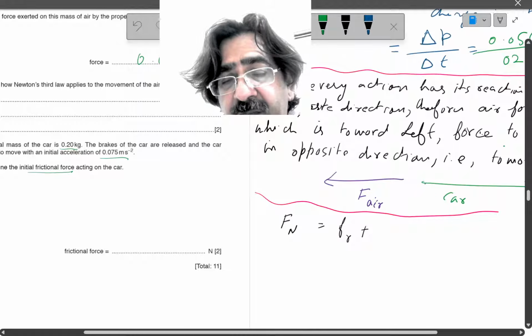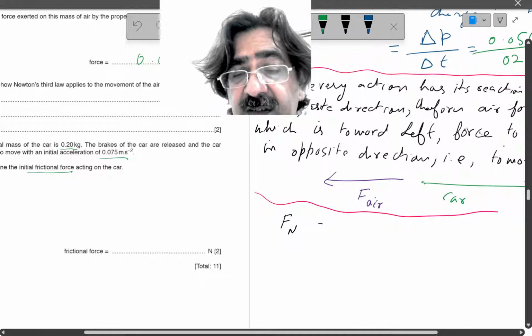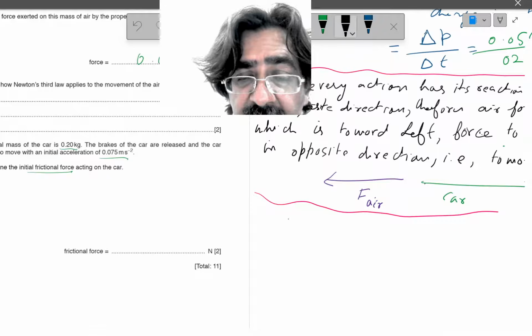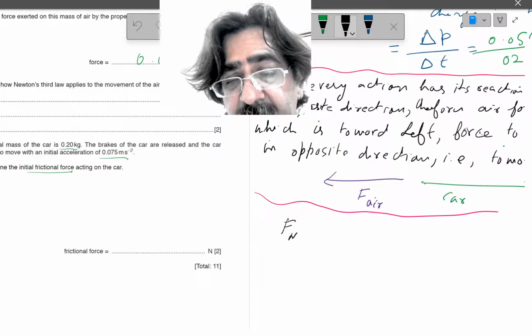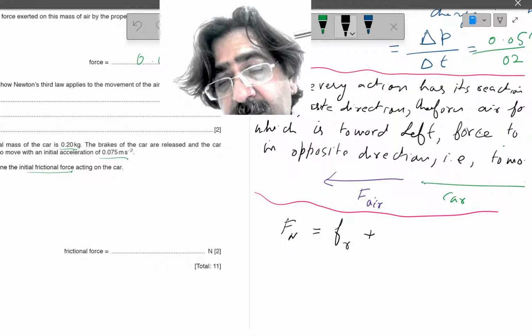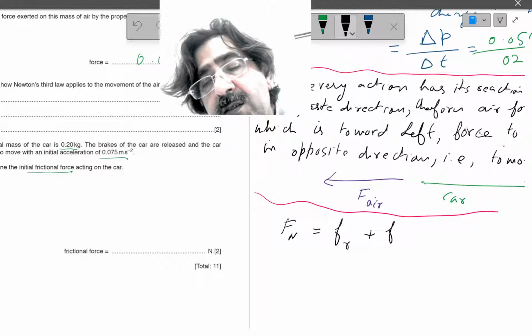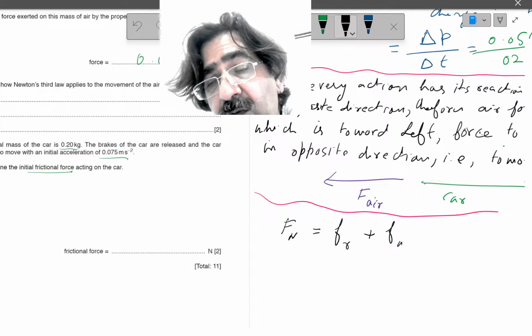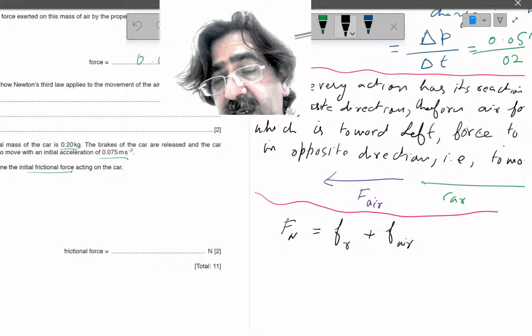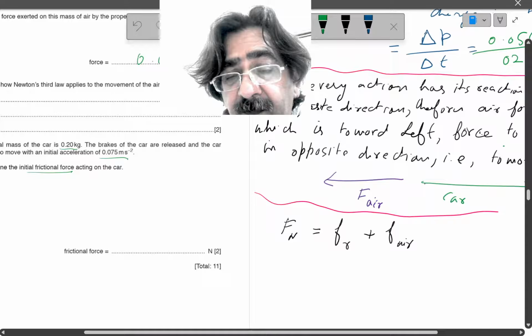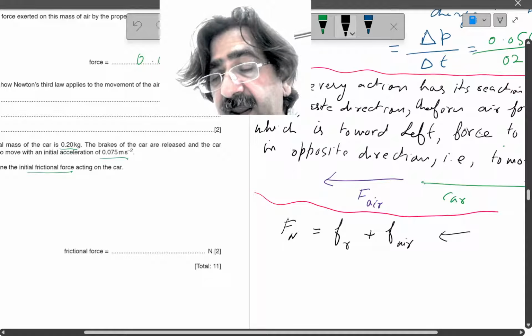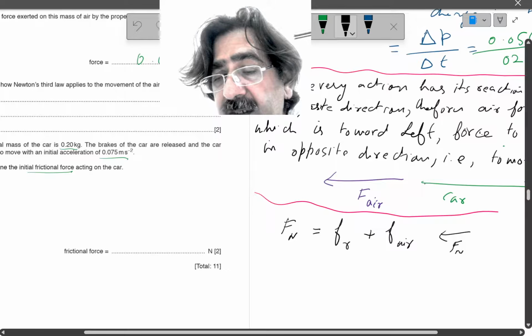So the net force on the car will be equal to force of friction and force of air. Sorry, I was wrong. I must write again.